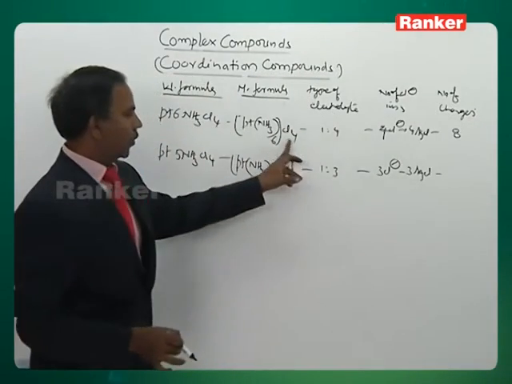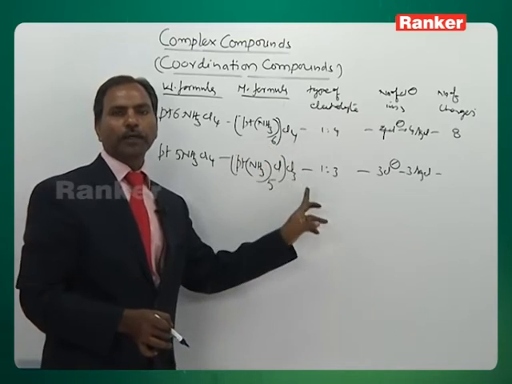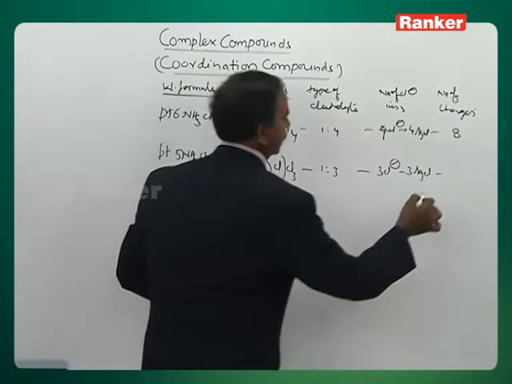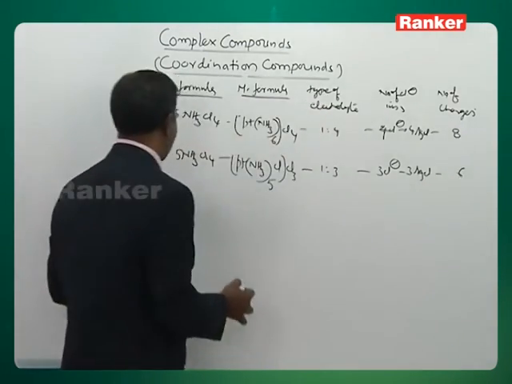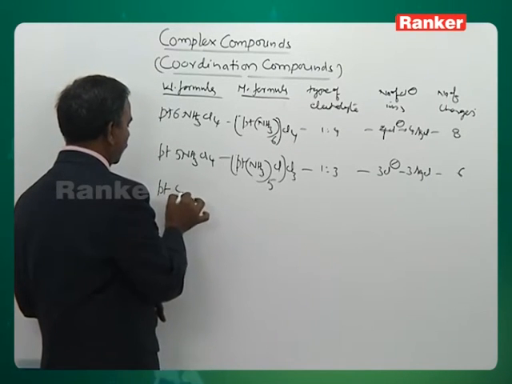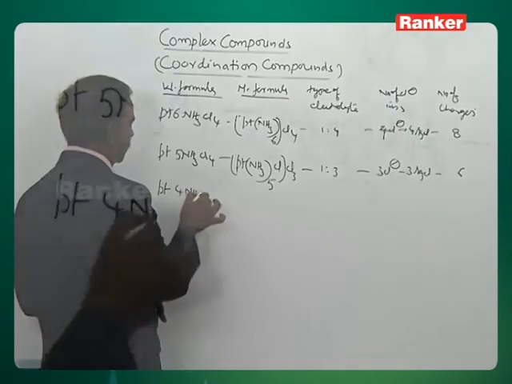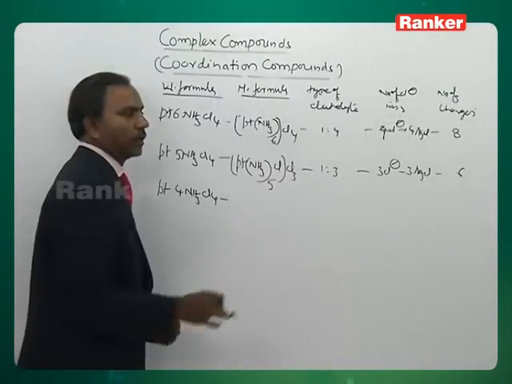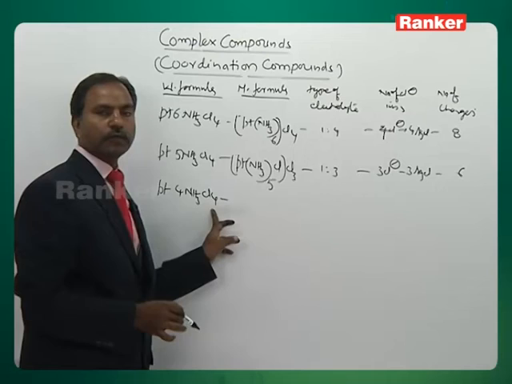Charges: here 4 plus 4 is 8, here 3 plus 3 is 6 charges. Next, Pt, let me write 4NH3, Cl4. Primary valence is 4.